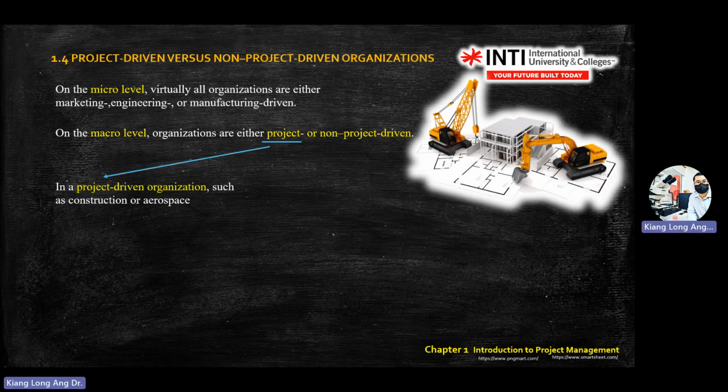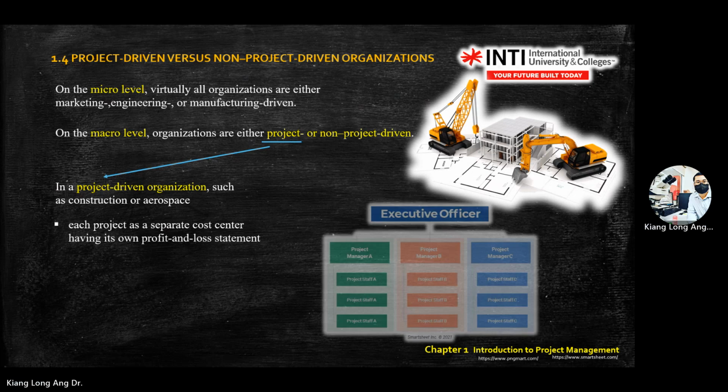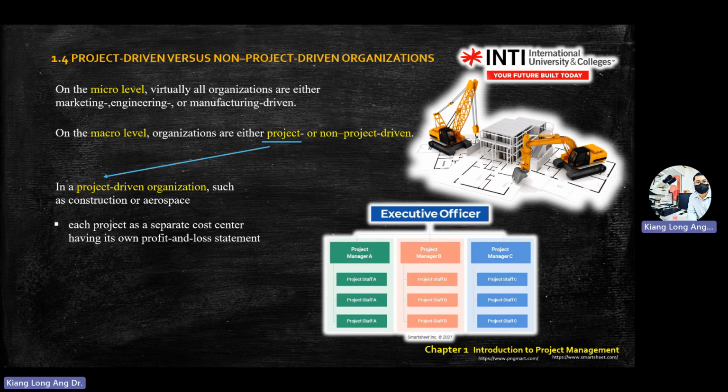Okay, project driven examples are construction, aerospace, Tesla, and the automotive industry. The first characteristic of project driven is that they have a separate cost center with their own profit and loss, or P&L, statement.